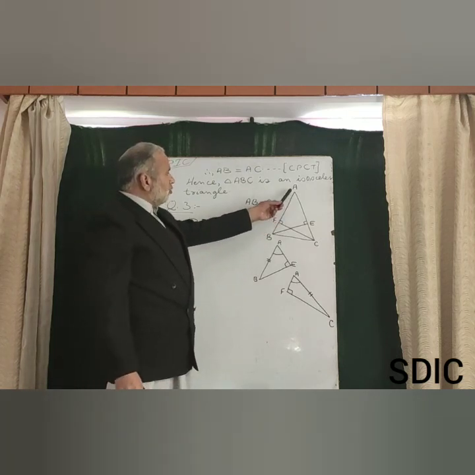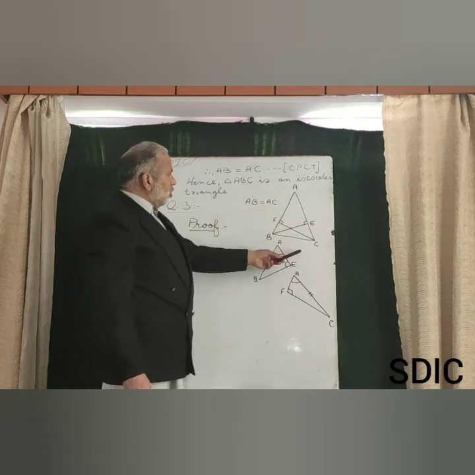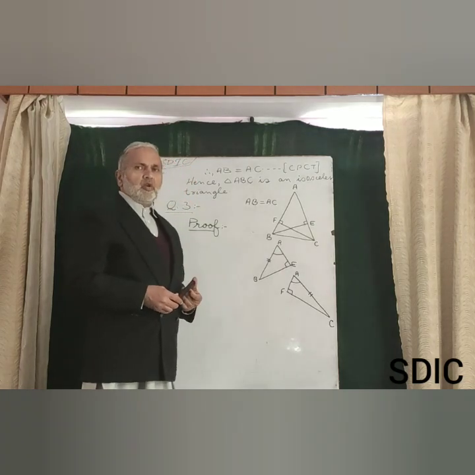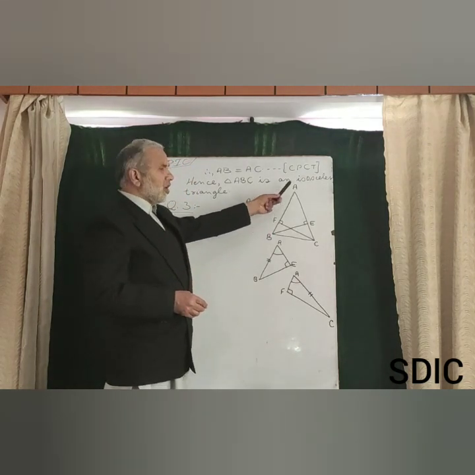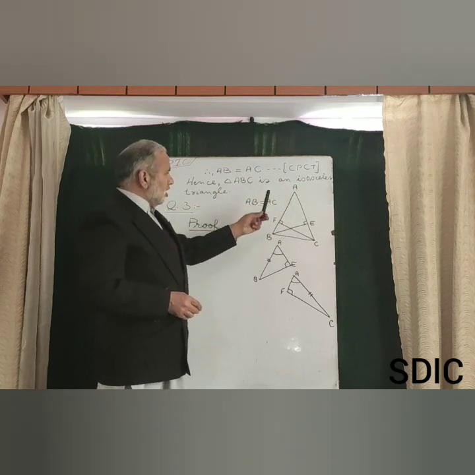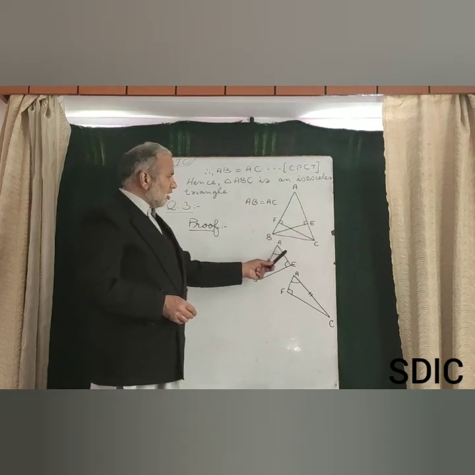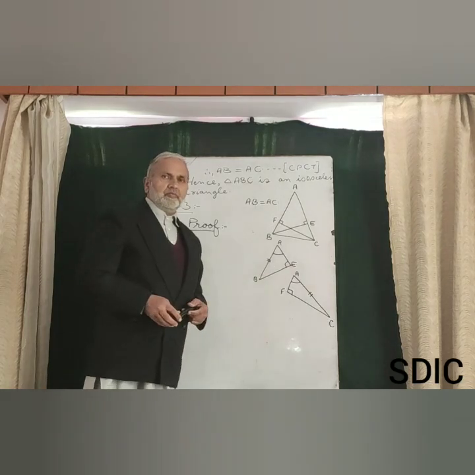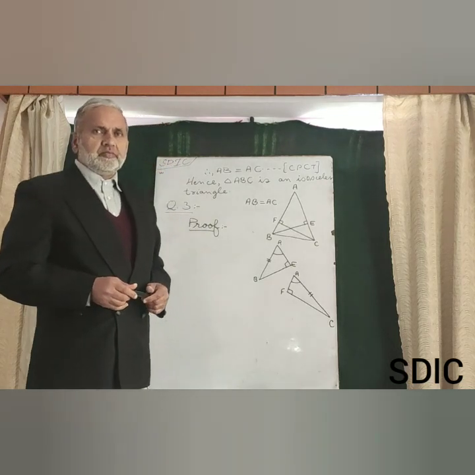At vertex A there is only one angle formed. If you look at all other vertices, at each of those vertices more than one angle is formed. But this is the only point here where only one angle is formed, and this vertex is completely involved in both the triangles. Therefore, the angle which is formed at this vertex belongs to both the triangles and will therefore be called a common angle.